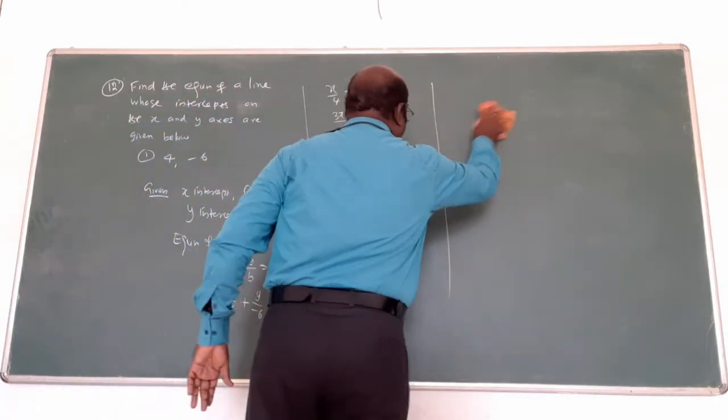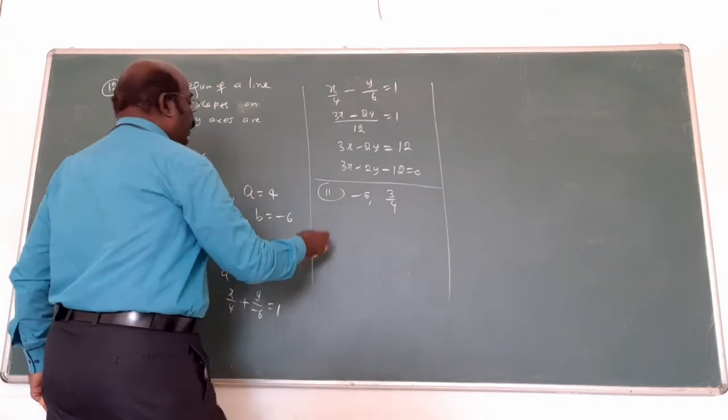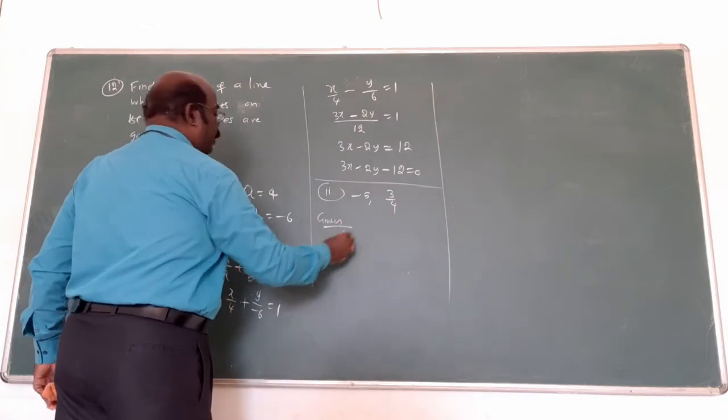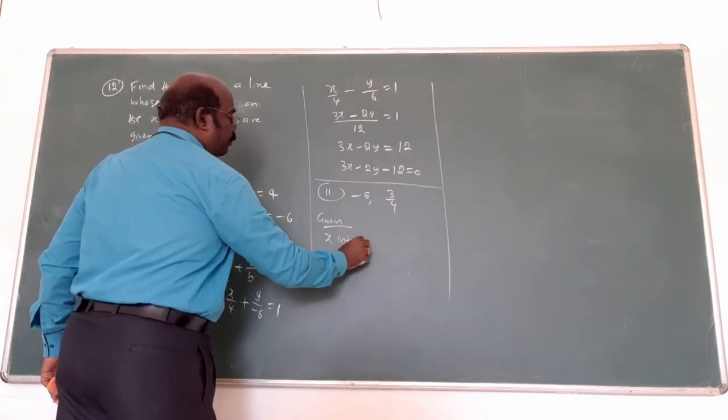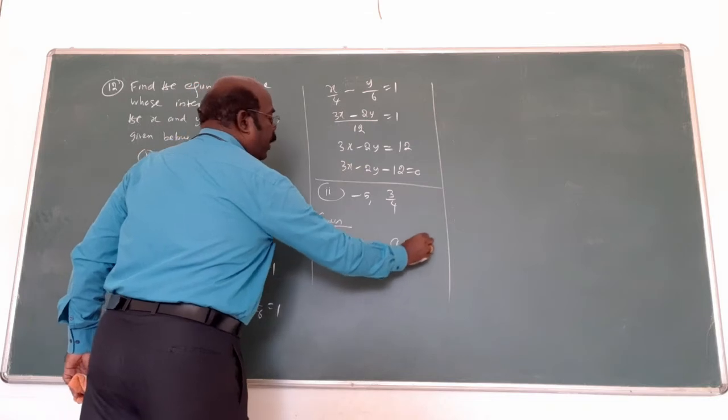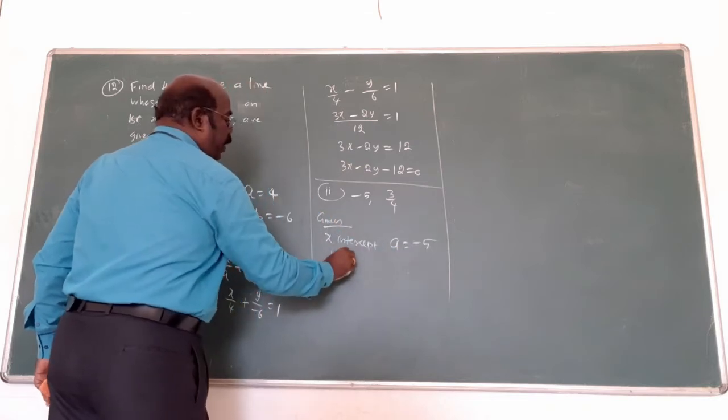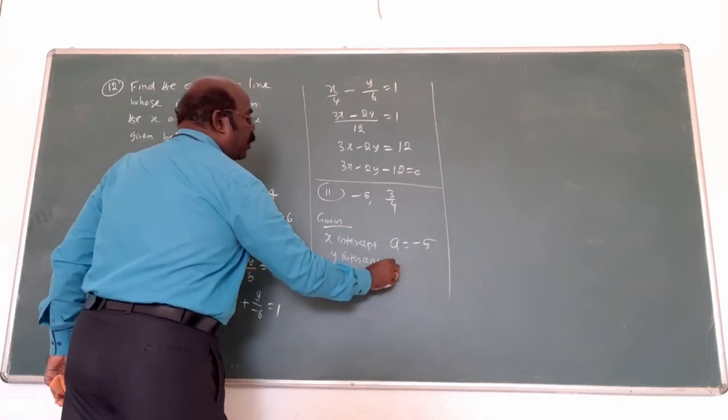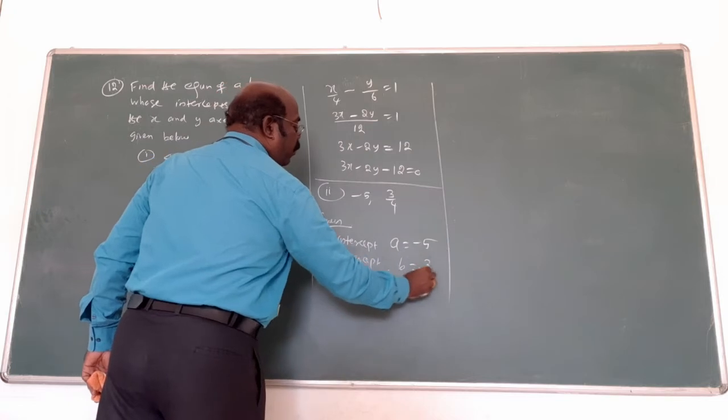Now the same method. What is the same method? The same thing is given. x intercept a equals minus 5, y intercept b equals 3 by 4.